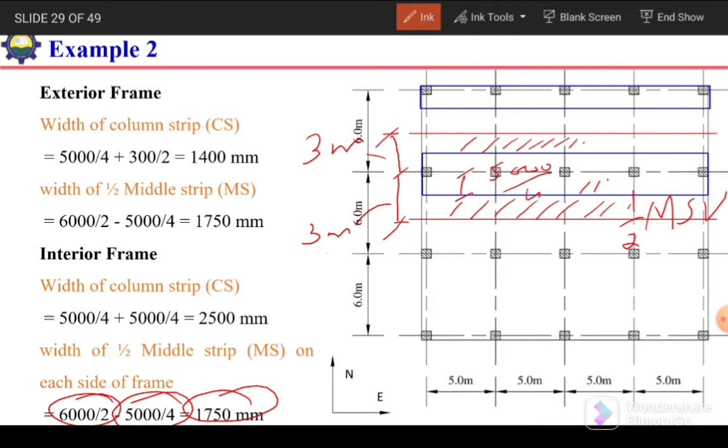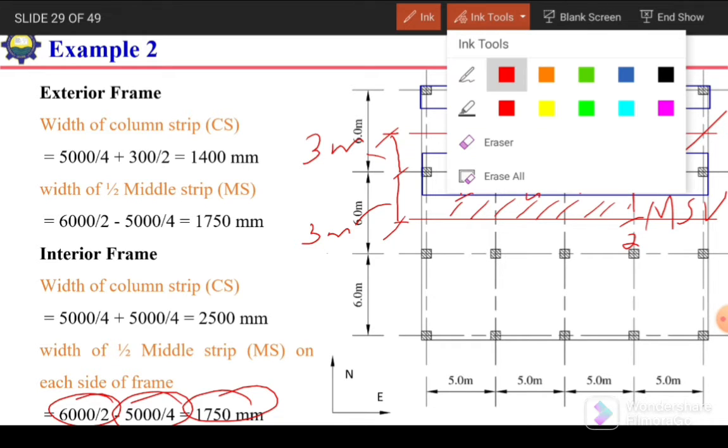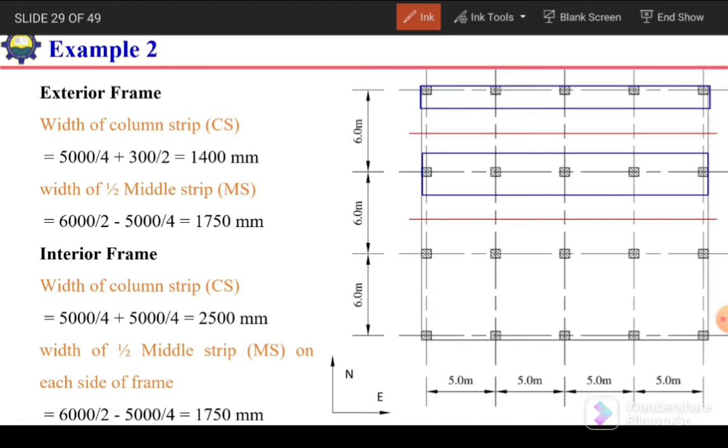This one, and similarly over here, this one. So in this way we can calculate the width of column strip and middle strip. We need to determine the width of column strip and middle strip in both directions, east-west as well as north-south.